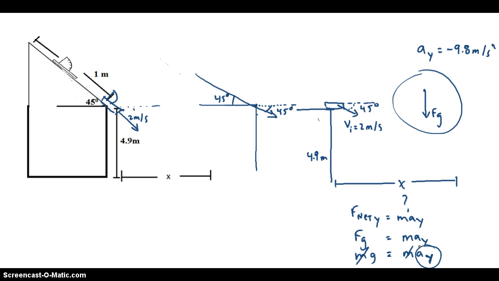It cancels, so our acceleration is 9.8. And if we make this our positive y direction and this our positive x direction for this new problem, your force of gravity is down. So this 9.8 becomes negative 9.8.